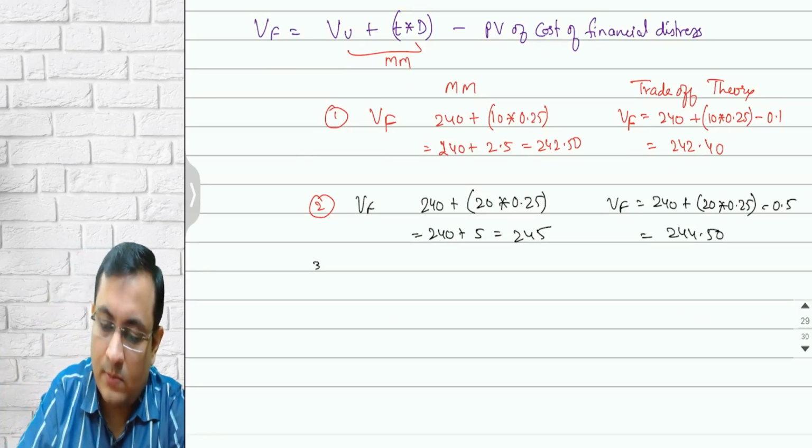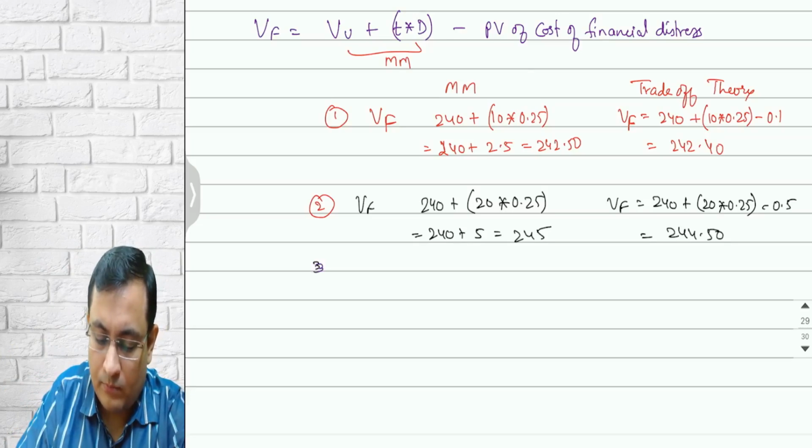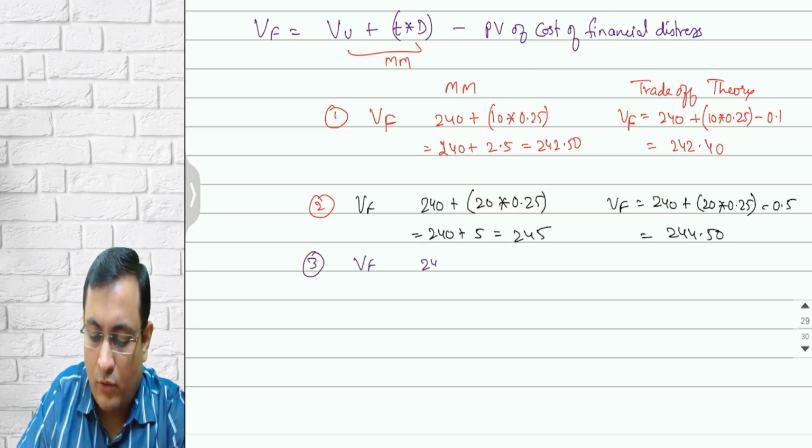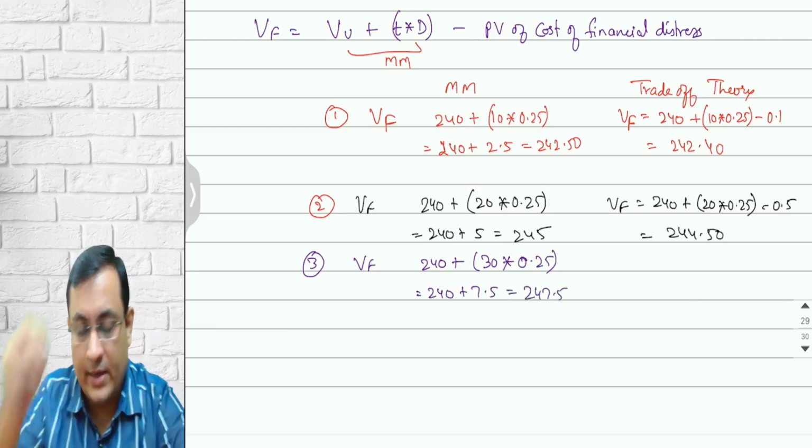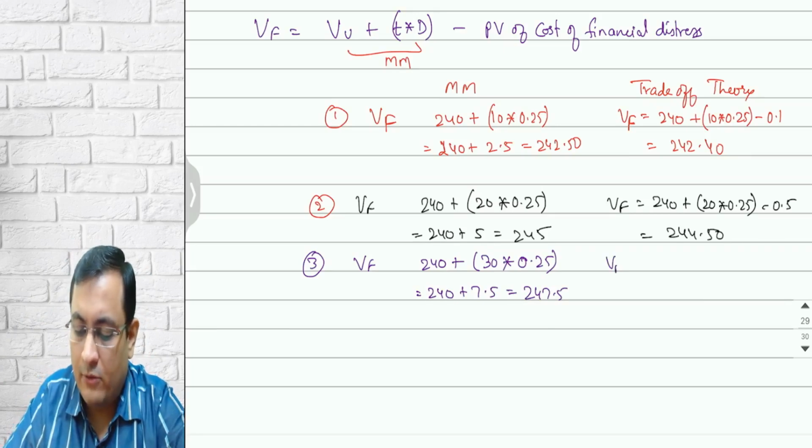Third case, value of firm 240 plus 30 million into 0.25. So 240 plus 7.5 is equal to 247.5, still increasing. Here, value of firm 240 plus 30 into 0.25.